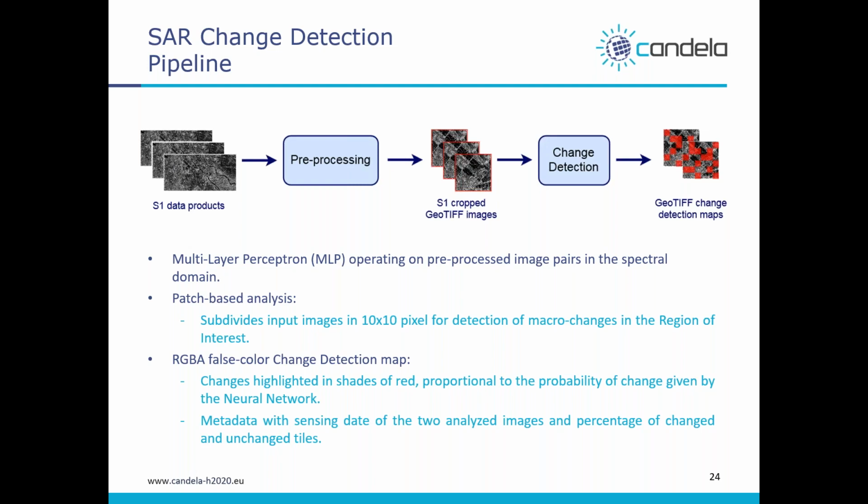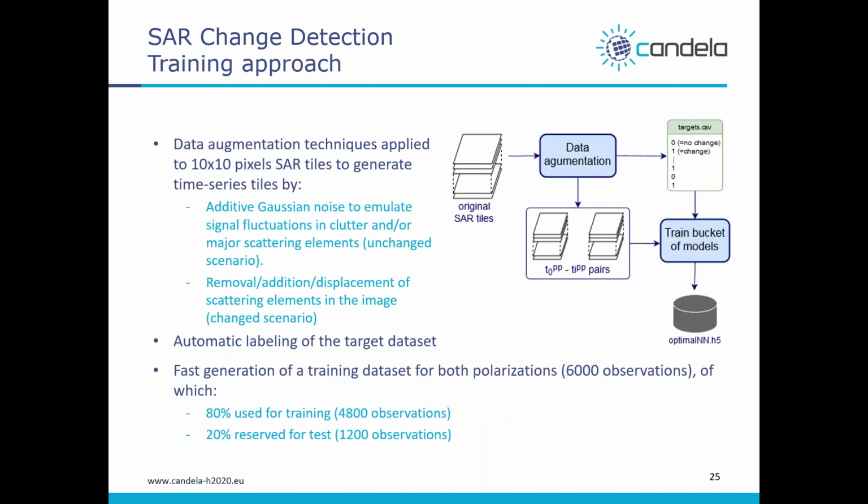For training the network, we developed a data augmentation algorithm which takes original SAR images, Sentinel images of course, and generates time series by adding or removing scattering elements or emulating signal fluctuation in clutter or major scattering by additive Gaussian noise based on the scattering statistics of the images itself.